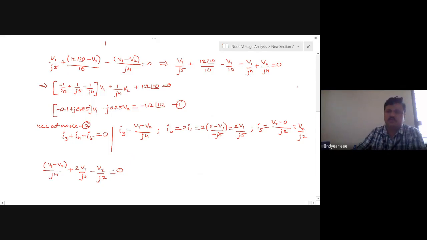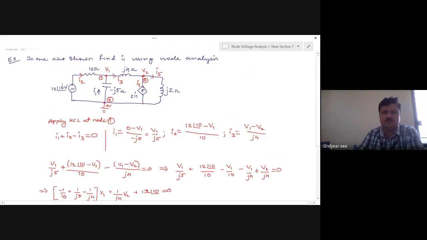Okay, there is no voltage source in the second mesh. There is no voltage source or directly a current value existing. Therefore, it will be in terms of only the passive elements.